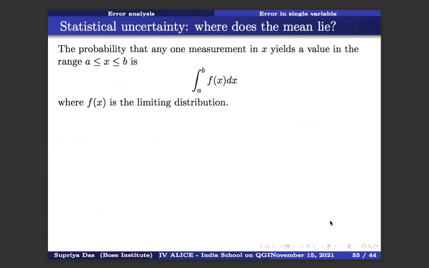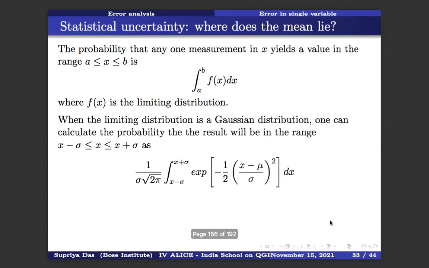So where does the mean lie? I said the mean moves from 24.8 to 25. So where actually does the mean lie? The probability that any one measurement of X yields a value in the range a to b is the integral from a to b of f(x) dx. This we calculated in the last class, where f(x) is the limiting distribution, whatever the distribution is.